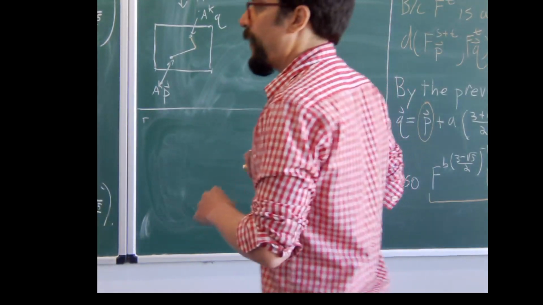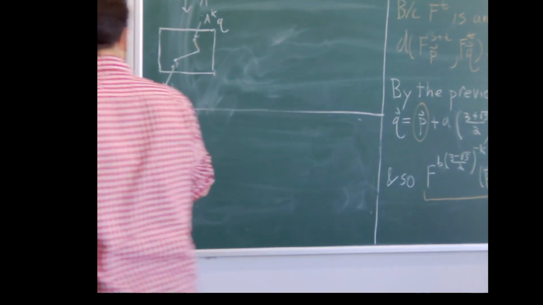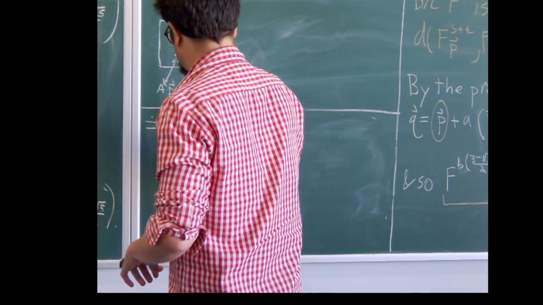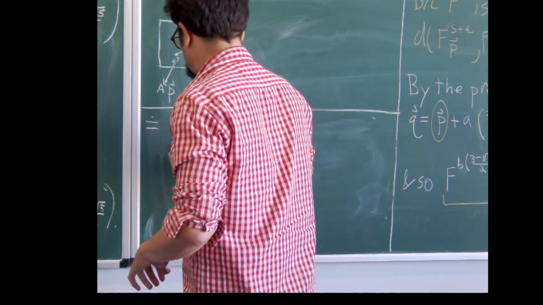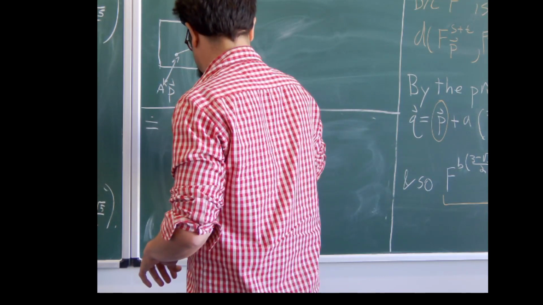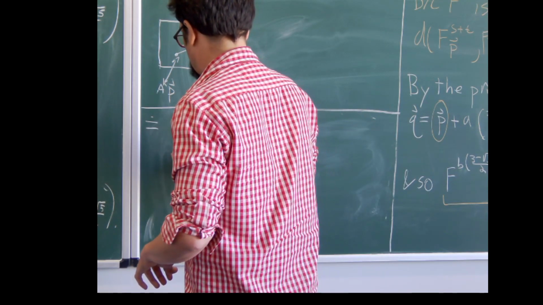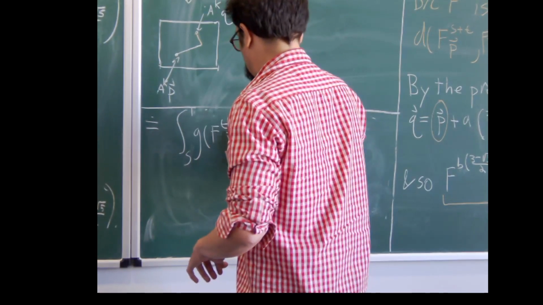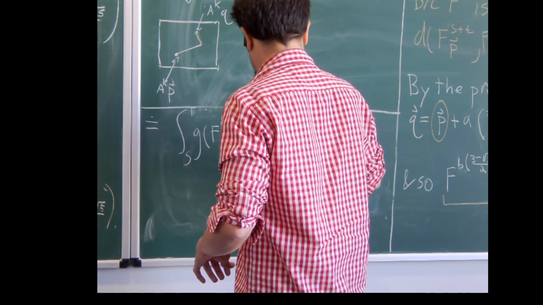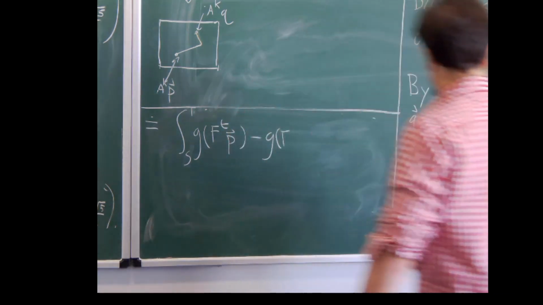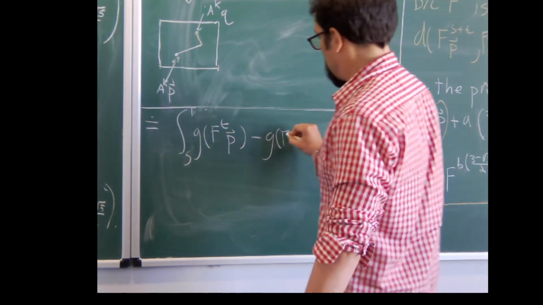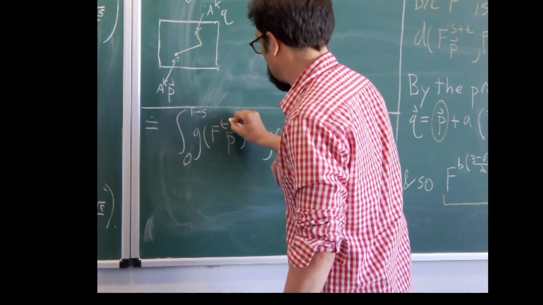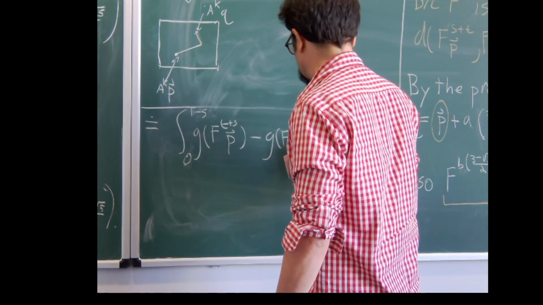So what do I have? I have that this integral is equal to the integral from 0 to t minus s of g of f to the t plus s of p minus g of f to the t of q.